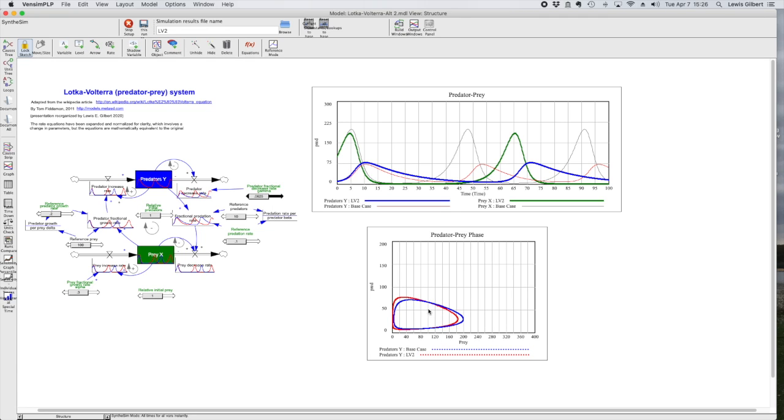There are some states, particularly in the low numbers, that are like our base case, but we can also get to regions in the phase space that we can't get to with other sets of parameters. At some point, here the rabbits have gone extinct, so that's not so good. So back to where we were.